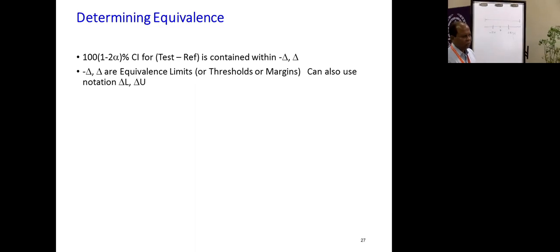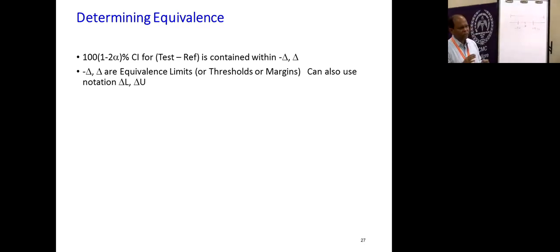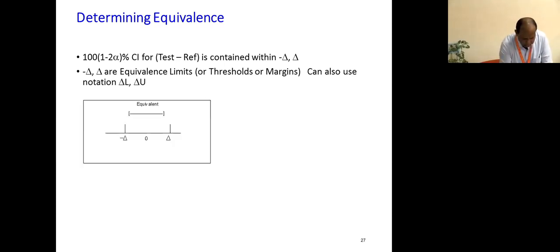The industry people talk to you about this two-sided hypothesis. Basically, just simply remember, 5% is the error, 95% to calculate. Don't worry about the notation. It comes back to this. I use the limit delta for equivalence. So this is what equivalence is.